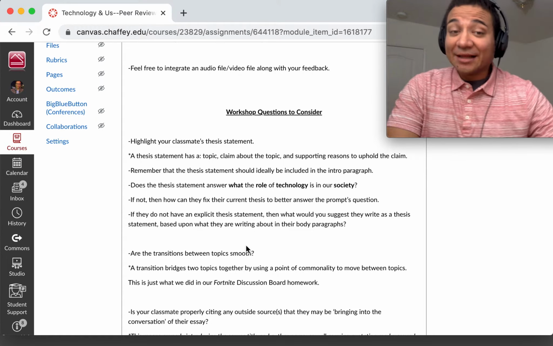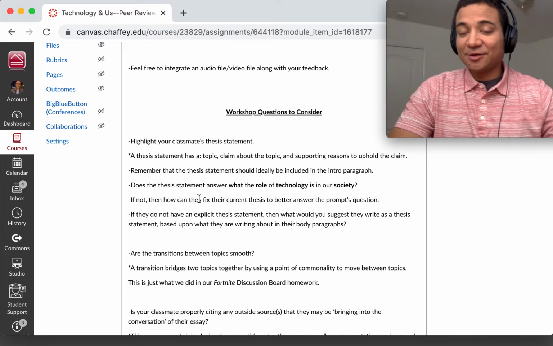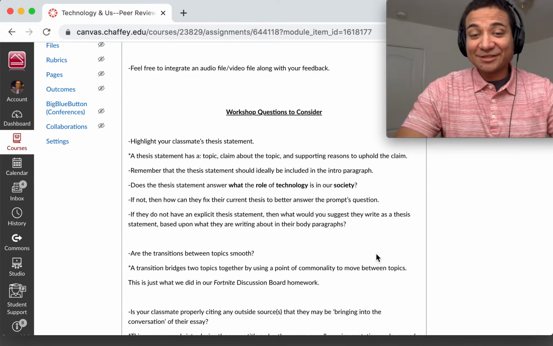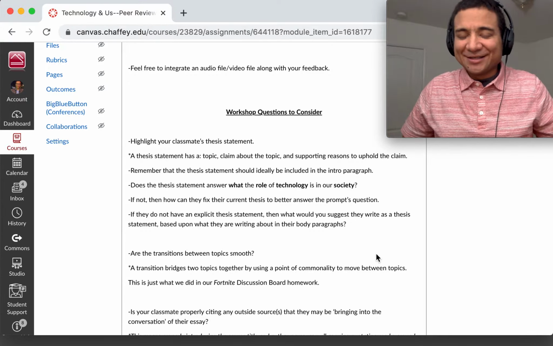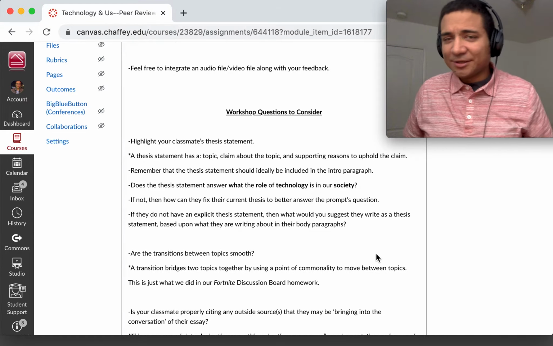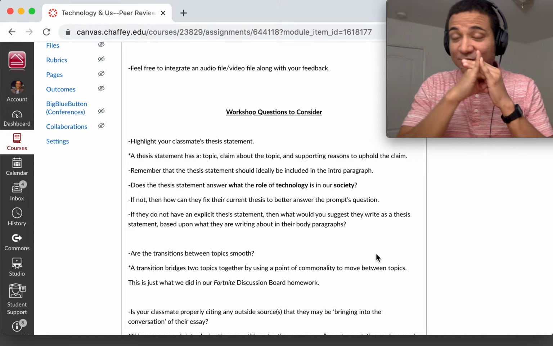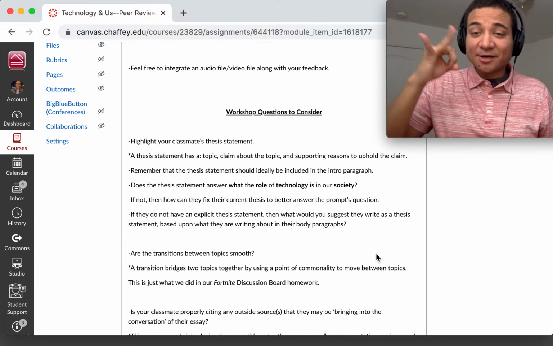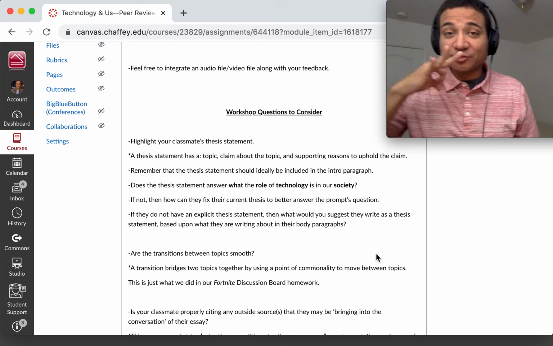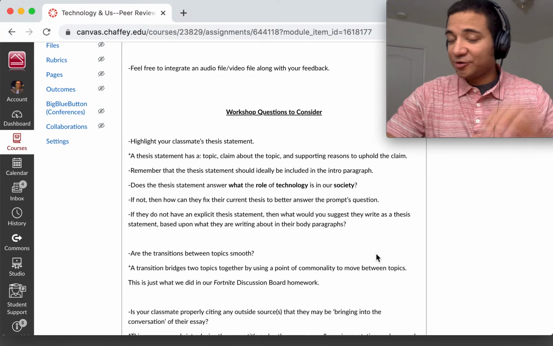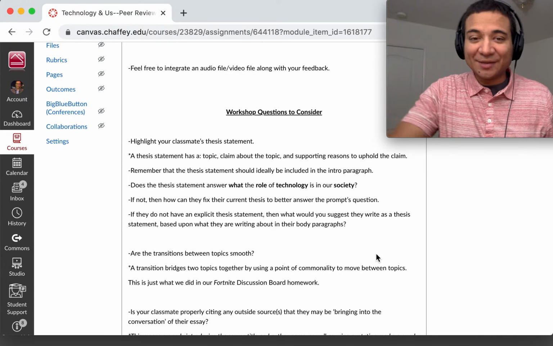First of all, highlight your classmate's thesis statement. Remember, in this case, they have to talk about these 3 elements within the thesis. So introduce the topic, say something about the topic, and offer your supporting reasons to uphold what you just said about the topic, which is the claim, right?